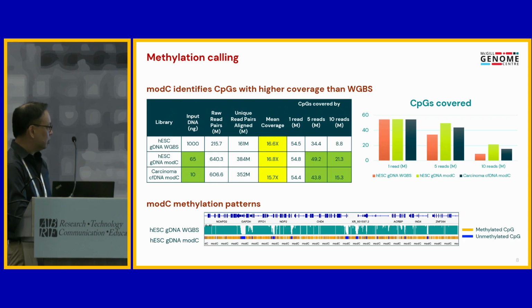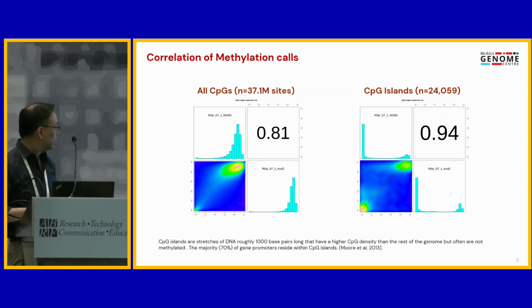And we see similar performance using cell-free DNA from a renal carcinoma cell line. If you look at the methylation patterns, and this is just a screenshot from IGV, you can see that for both methods, the MOD-C also detects the same methylated and unmethylated CpGs and regions. Next, we look at the correlation of methylation calls.